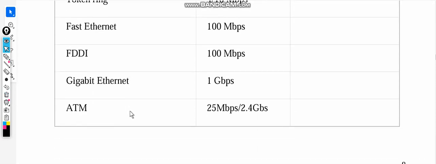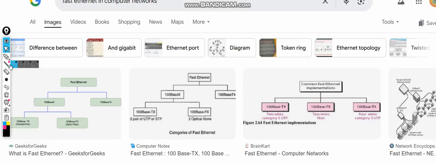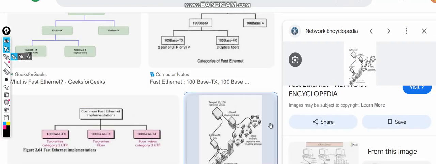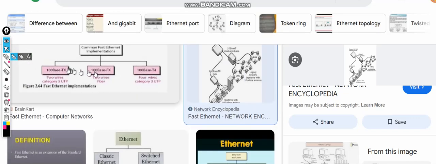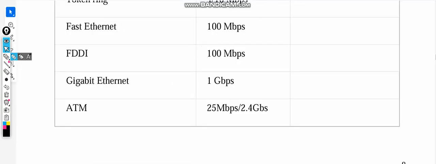Fast Ethernet. In Fast Ethernet the speed is 100 Mbps. Then Gigabit Ethernet.